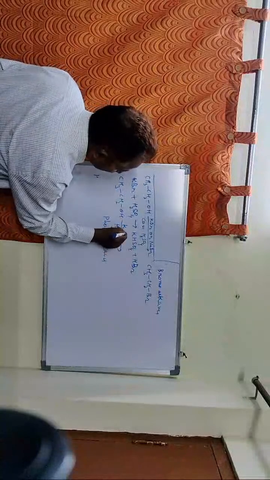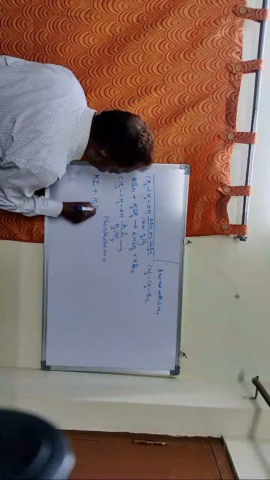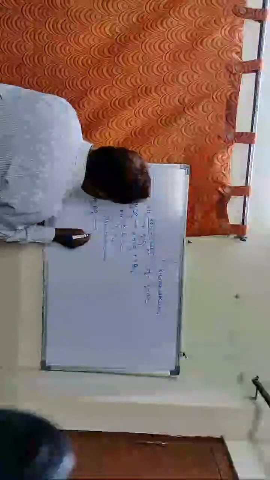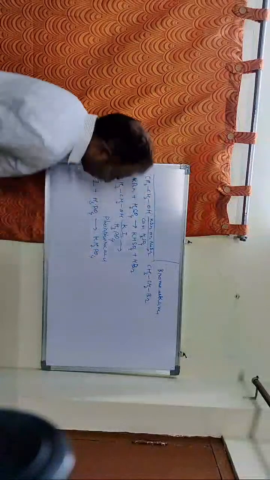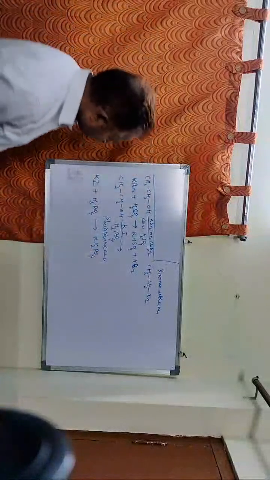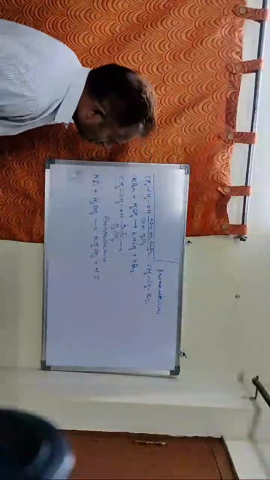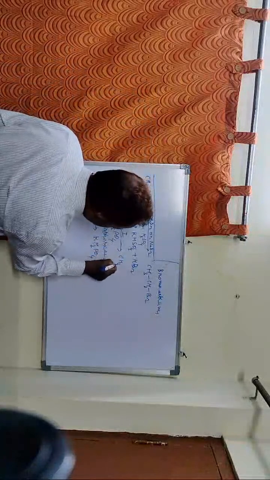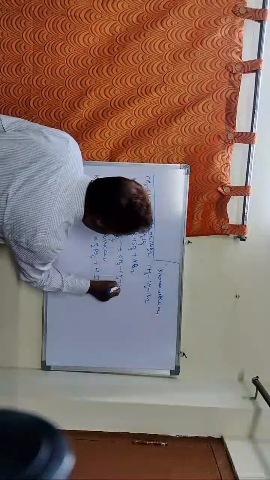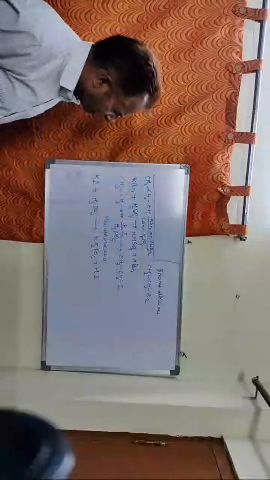KI plus H3PO4 gives KH2PO4, potassium dihydrogen phosphate, plus hydrogen iodide. This hydrogen iodide reacts with the alcohol, therefore we get CH3CH2I. So this is the preparation of iodoalkanes.